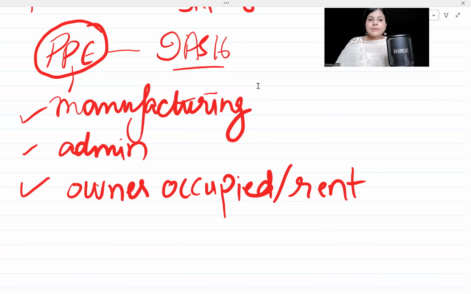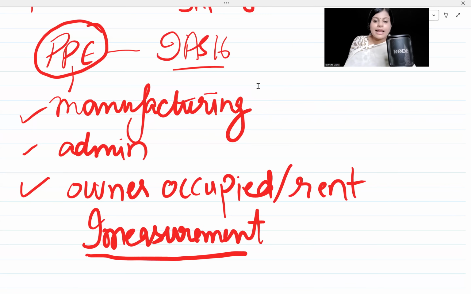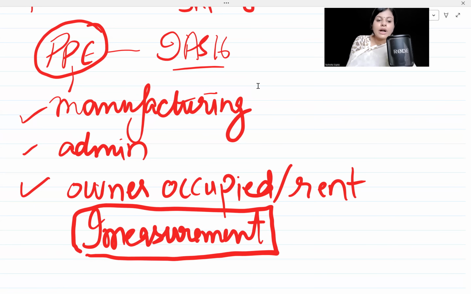Now guys, this particular owner occupied or manufacturing or administration use property, plant and equipment has some initial measurement. What is initial measurement? As accountants, we should know that on the day this asset arises in our books of account, at what amount should you record it?